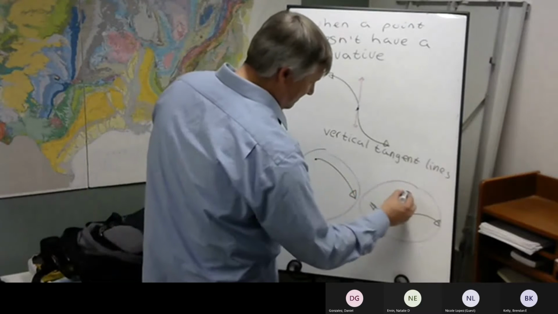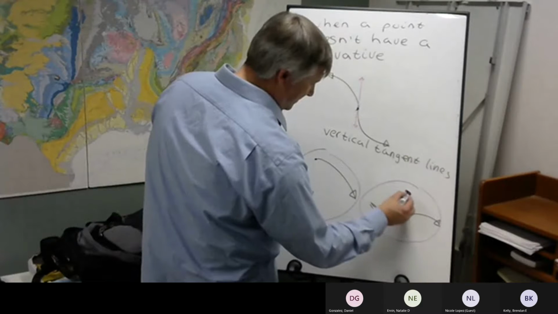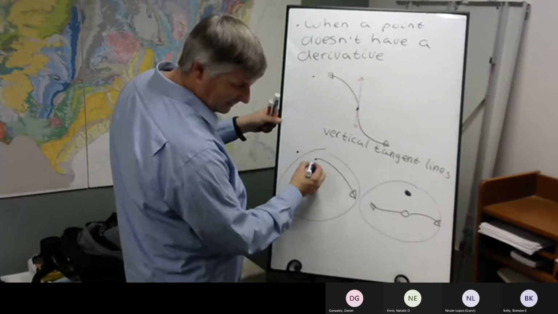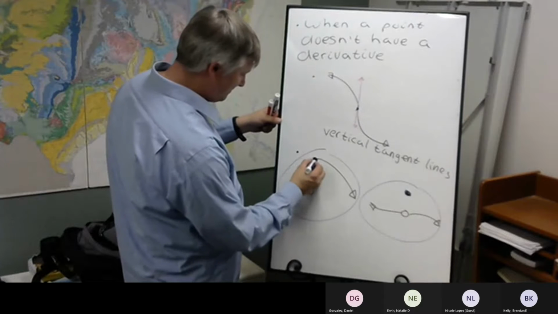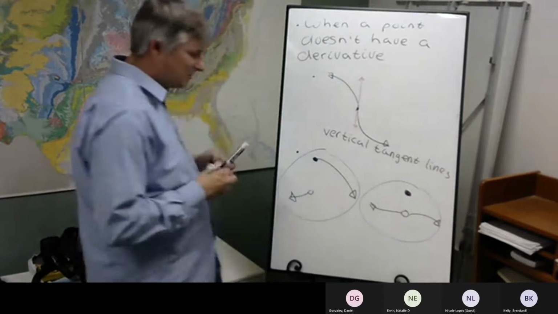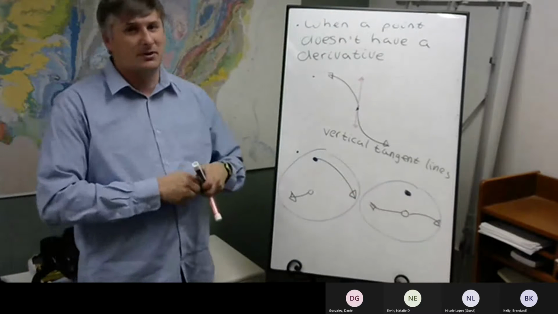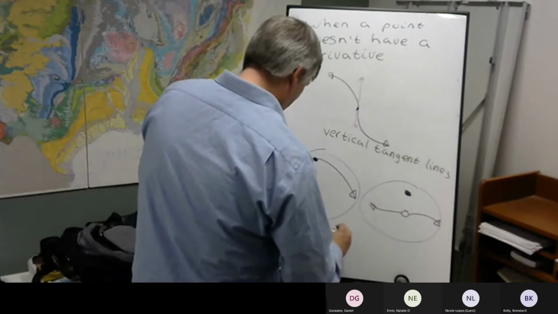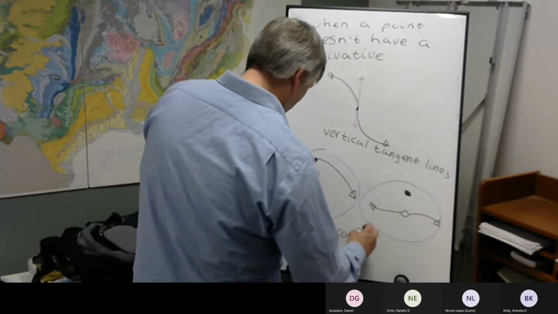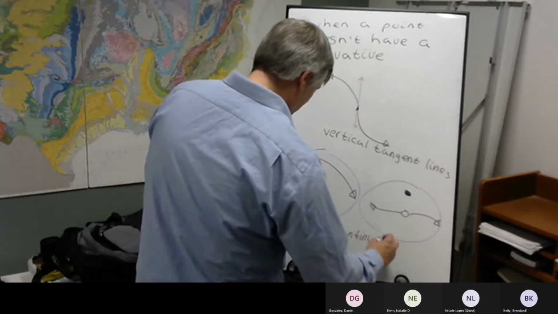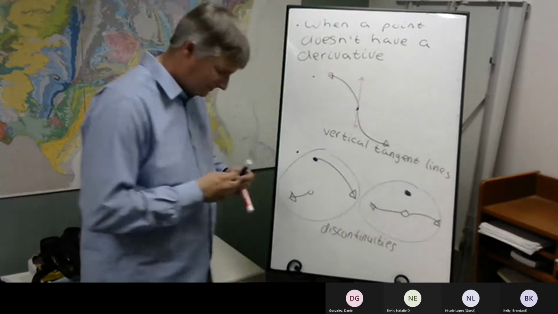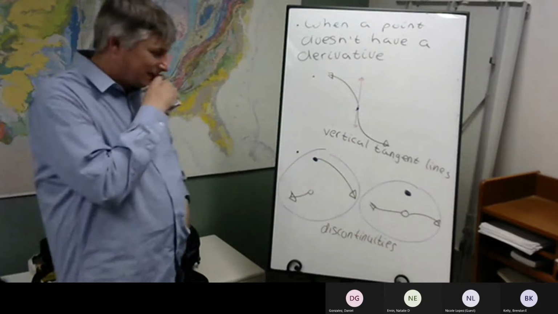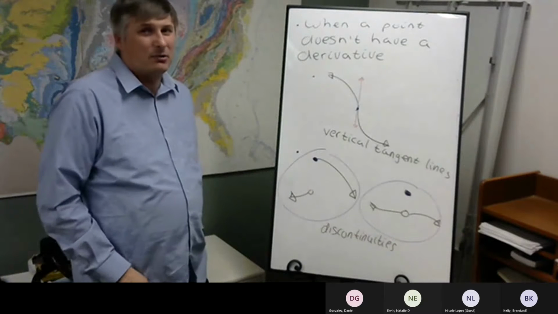Here's the other. And all the points of concern are going to be places like this. And let's see, places like this. These are also places where your derivatives aren't going to exist. So these are the points you kind of want to watch out for.